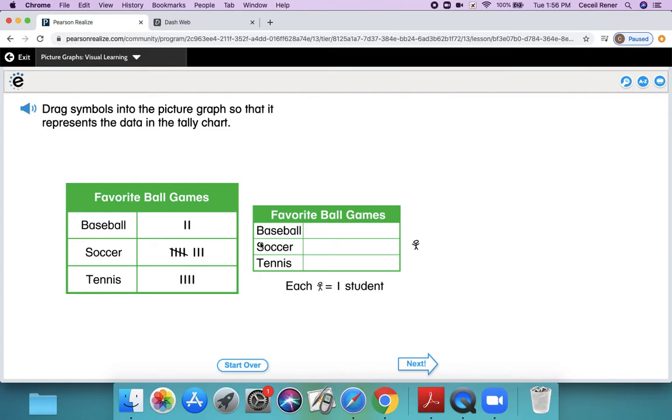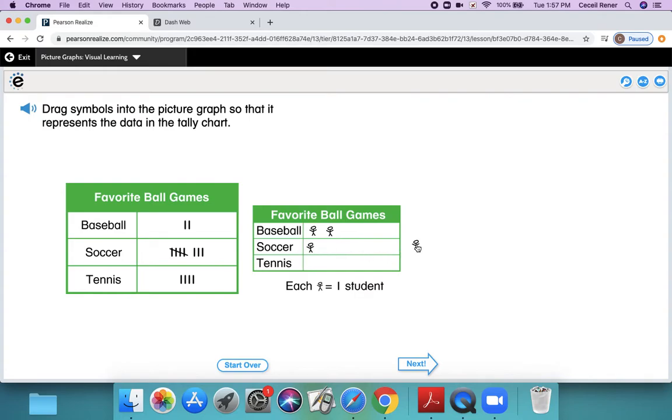So each of these equals one student. Oh, here they are, right here. So we have 2 who like baseball. So how many students am I going to pull? I'm going to pull 2. Now here, there are 8 students who like soccer. That's 5 plus 3 is 8. So I'm going to pull 8 of these.